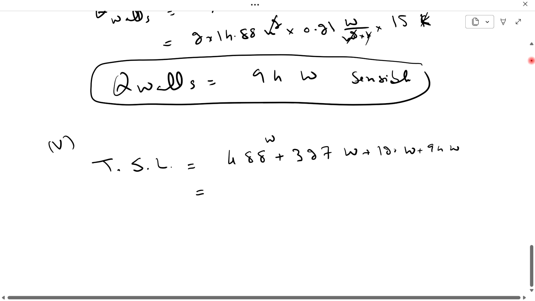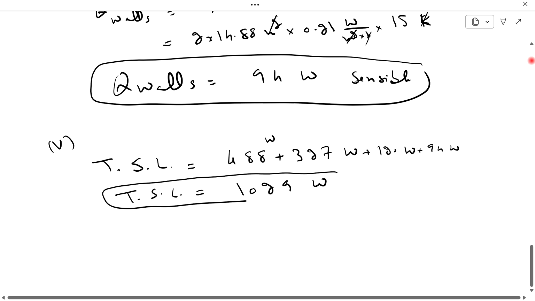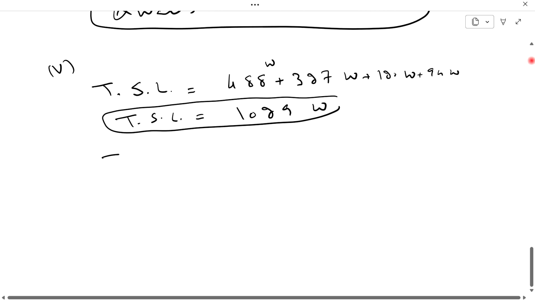So total sensible load is equal to 1029 watt, and total latent load, this is only for infiltration, is 217 watt.